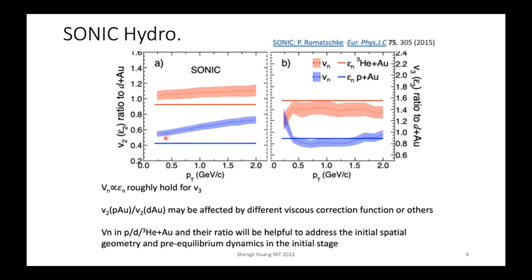But for v2, you see a little bit of deviation around 20%. That could be due to some different viscous correction or something else, which we need to further understand. But in general, in the standard hydro calculation, it looks like vn is still proportional to epsilon n. That still works, right? That means if we can measure the flow in the three systems, we can understand the eccentricity in the small system between these three systems.